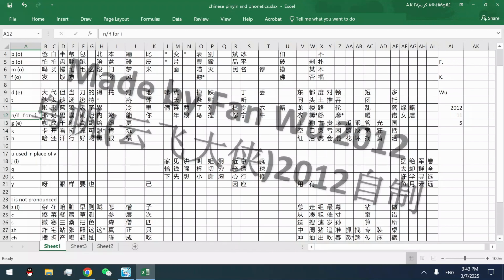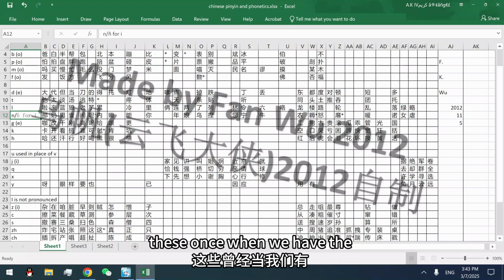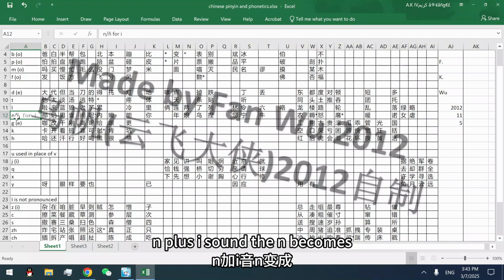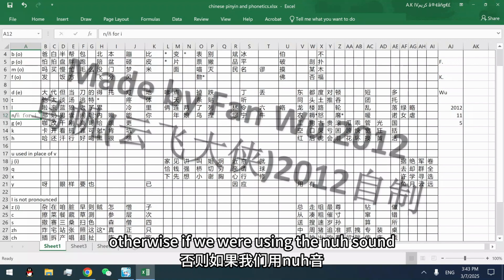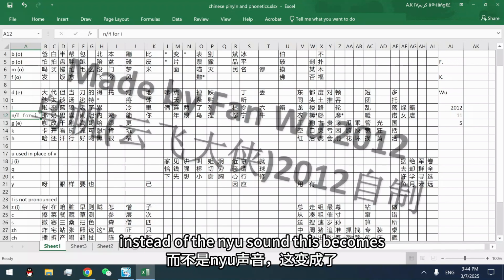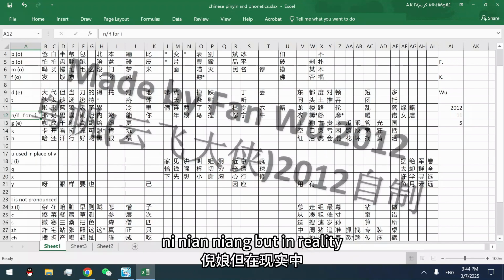But next one, ni, nian, niang, niao, nie, nin, ning, niu. Now these ones, when we have the N plus I sound, the N becomes the ny sound. Otherwise, if we were using the n sound instead of the ny sound, it would become ni, nian, niang.